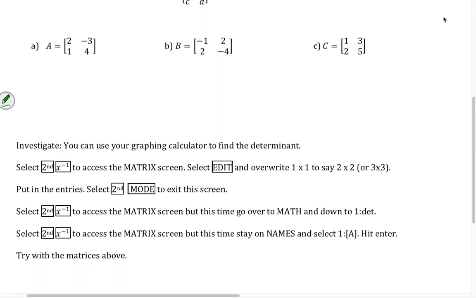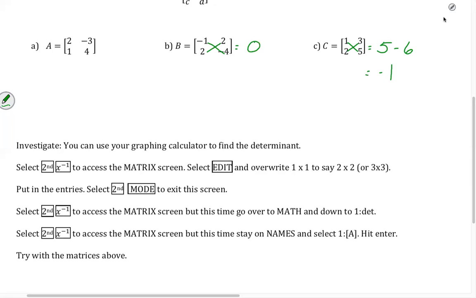That, which is 4, right? Minus that, which is 4. 4 minus 4 is 0. Yeah. 1 times 5 minus 6. Okay? So it's easier to do 2 by 2.